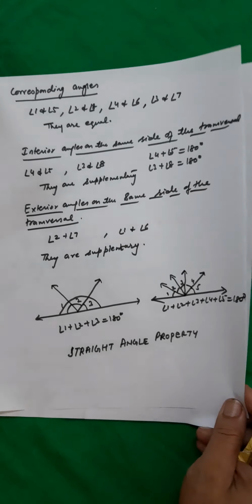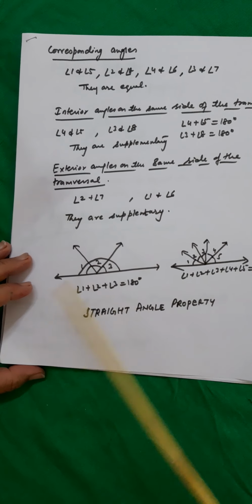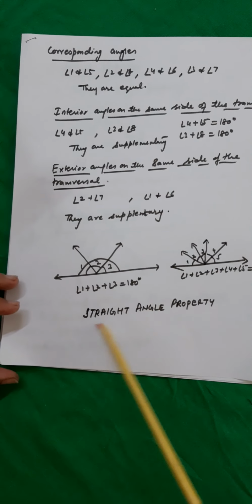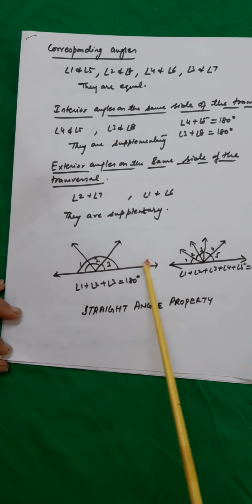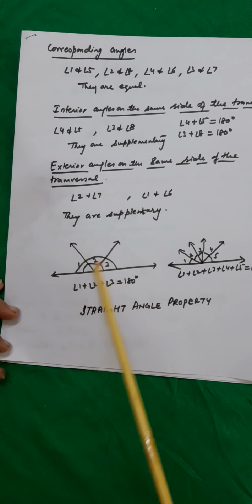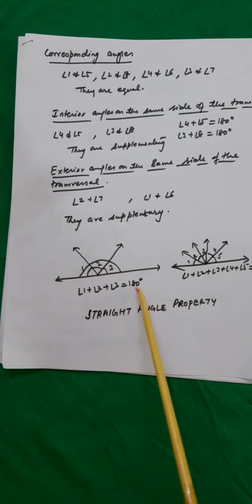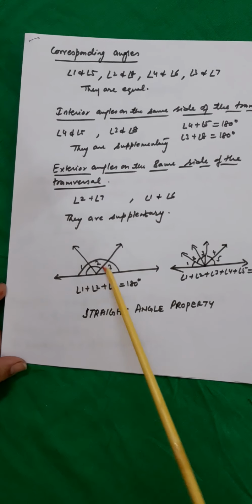Now we have the straight angle property. What is that straight angle property? Straight angle property is that if there is a straight line and we take a point over it, whatever angles are made on that, their sum is 180. Right? Now it does not matter how many angles are there.